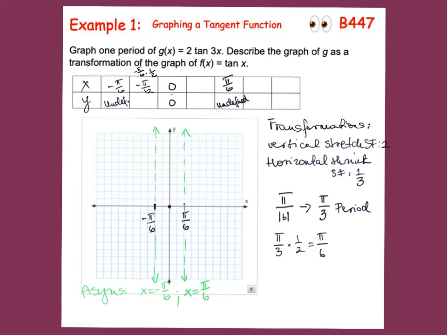And then pi over 6 times 1/2, which is going to give us pi over 12. So we are going to have pi over 12 and negative pi over 12.